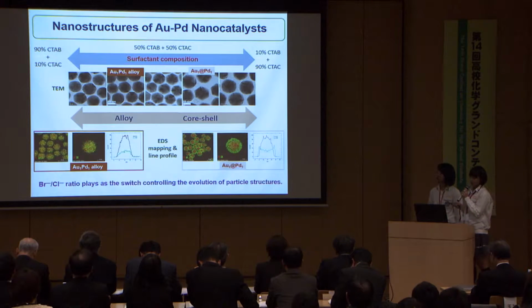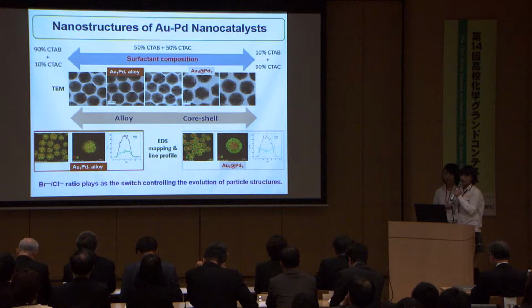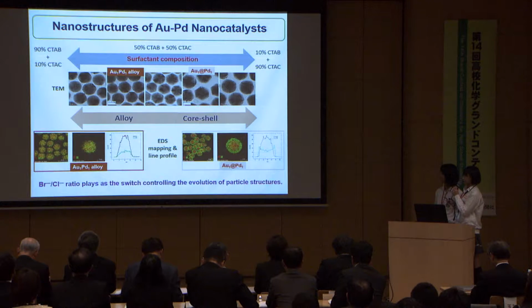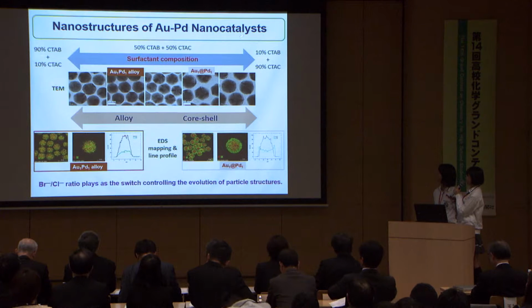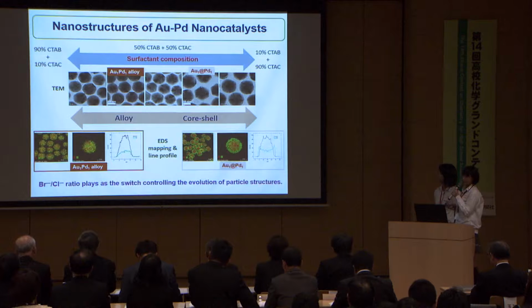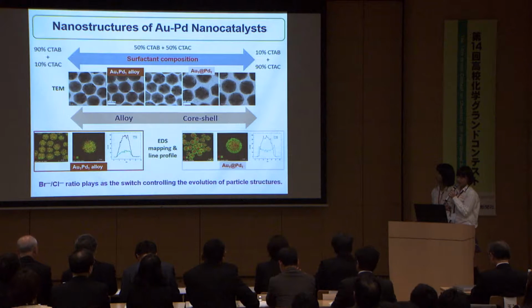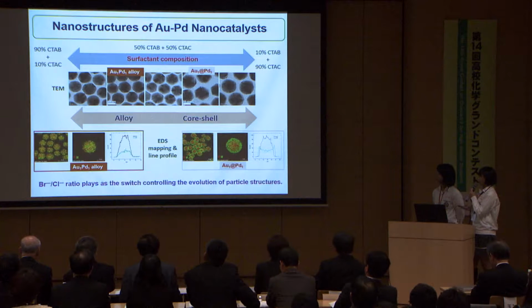In this experiment, we mix two different surfactants and change the ratios. We can find the structure of the catalyst changes from icosahedron to core-shell, from a high content of bromide to a high content of chloride. The evidence is here. This picture shows the elemental distribution scanned and analyzed by EDS, in left to right order.